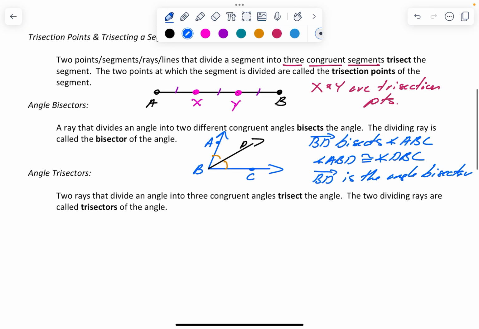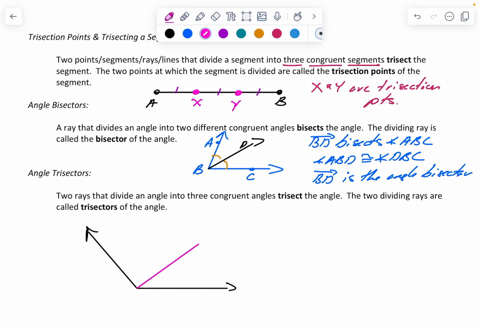And just like bisecting and trisecting a segment, we can bisect and trisect an angle. So maybe we have this angle here. Maybe I'll draw it a little larger.